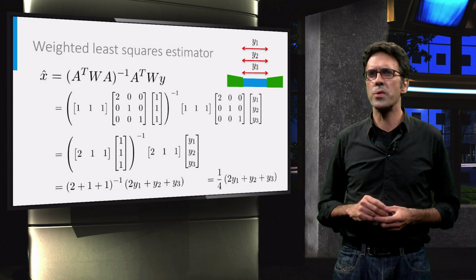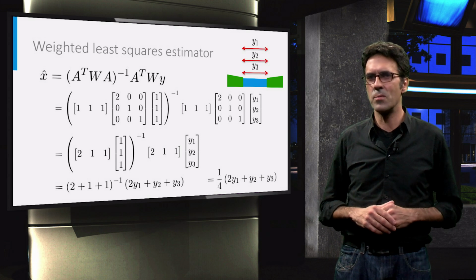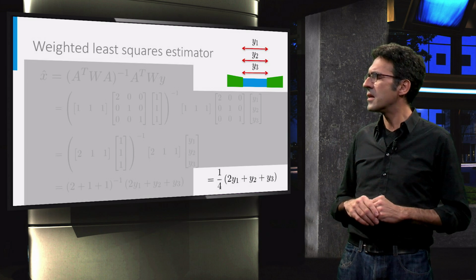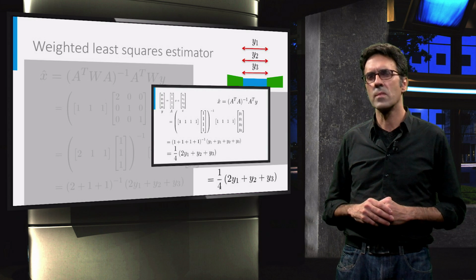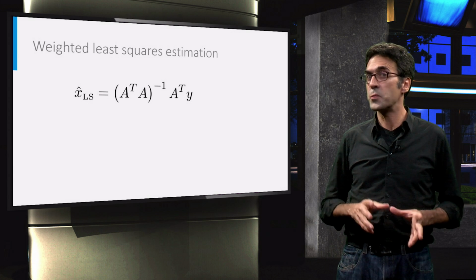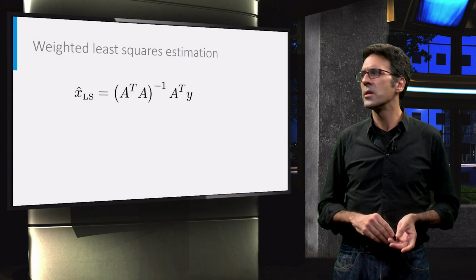If we compare this with the result of our intuitive approach, where we simply copied observation number y1, we see here that these results are identical. This means that we now have expanded our repertoire of least squares estimation from the unweighted form to the weighted form.